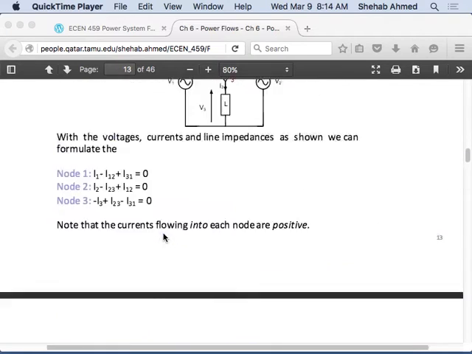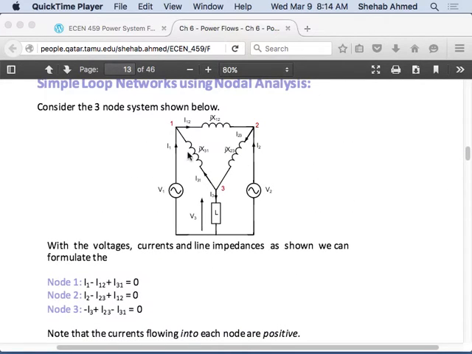So this is a 3-node, or 3-bus system, and at every bus there are several admittances connected. Y11, the admittance matrix element 11, will be the sum of all elements connected to bus 1. Y22 will be the sum of all admittances connected to bus 2. Y33 will be all admittances connected to bus 3.